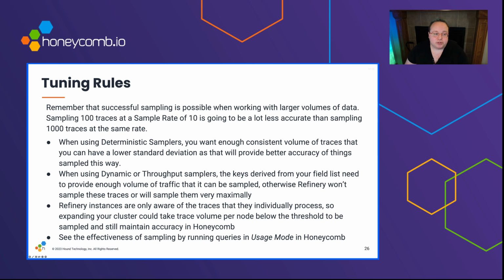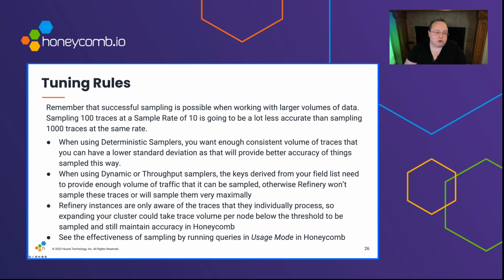When you're using dynamic or throughput samplers, keep your key space low, because the number of keys derived breaks up your data. If there's less data going through a given key, you're not going to get sampling out of it. Refinery will sample maximally because it's trying to protect you from a high margin of error.